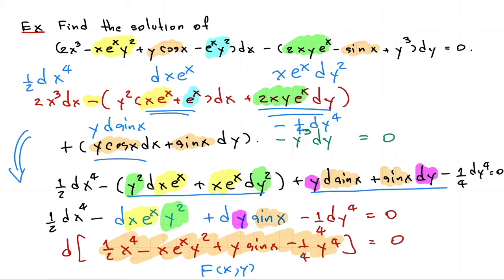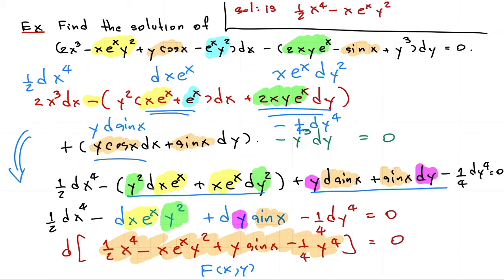So can I write here? So the solution is half of x to the power of 4 minus x e to the x y squared plus y psi x minus 1/4 of y to the power of 4 equals c. Okay?